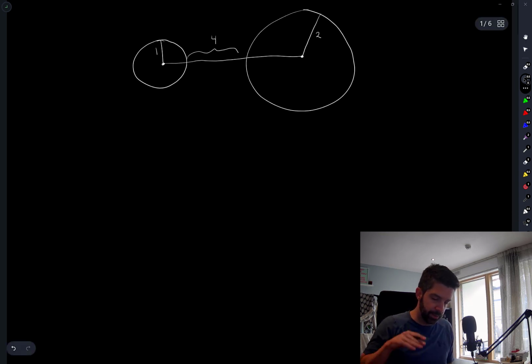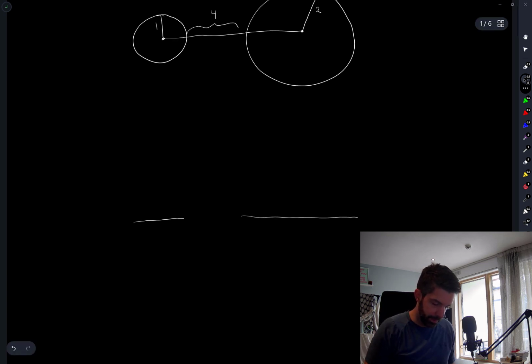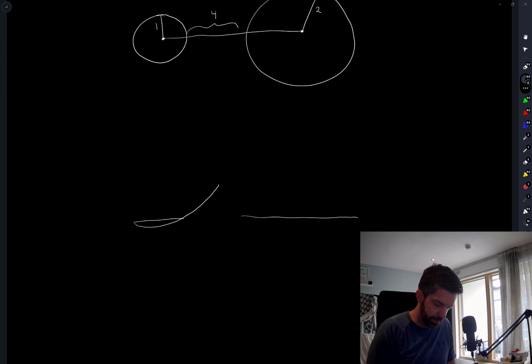Now, when we look at it from the side, there's my hole of radius 1 and my hole of radius 2. If I put two spheres inside these holes and they have the same radius, then this sphere will sit up higher.